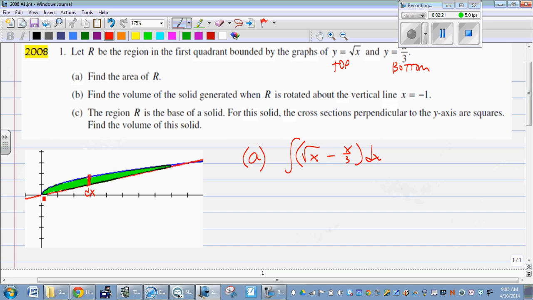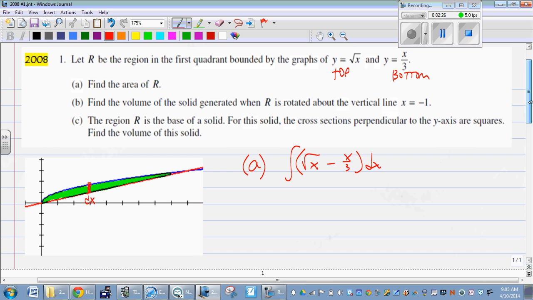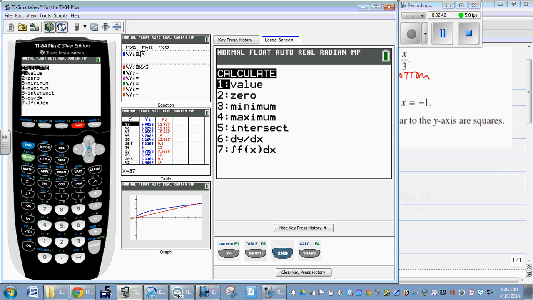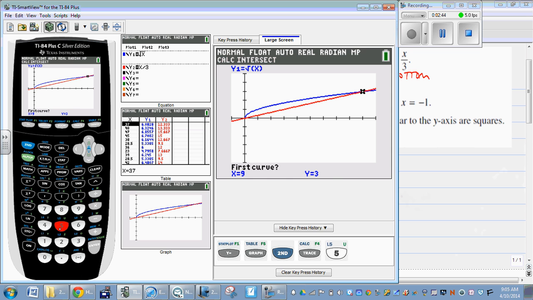So, kind of obvious here, this should be 0. We can check it with the equations here. If we put 0 in for x, we get 0 for y. So that's right. And this one, we can probably tell from the graph, but let's just check to make sure. We can do second trace. And we're going to calculate the intersection, which is option number 5.